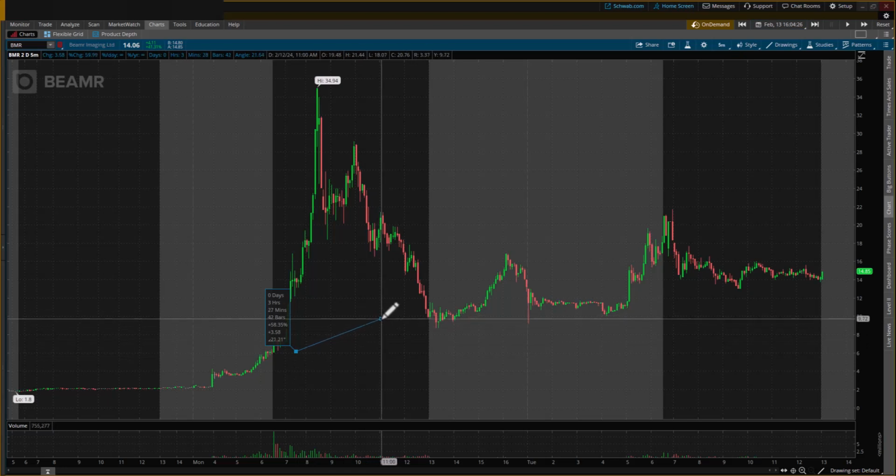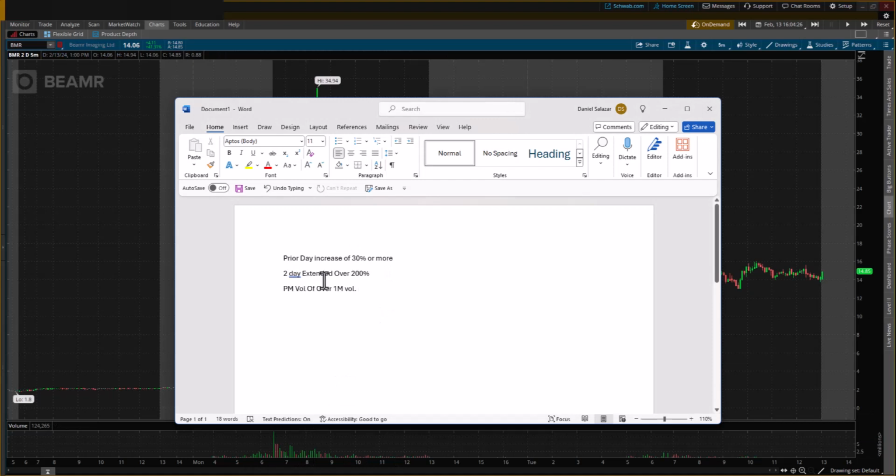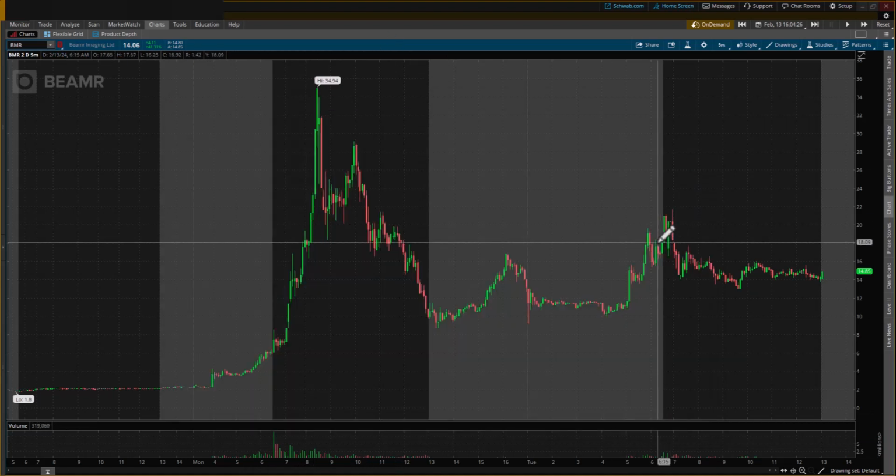Yep, it's like 61%. 2-day extended over 200. From here to here is extended. From here is 2-day extended. So yeah, we got a 716.